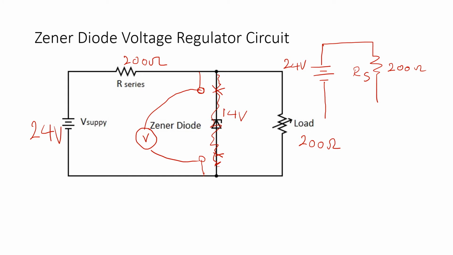We are following along this path, back to the battery. At this point, we would have our load, RL, which is 200 ohms.